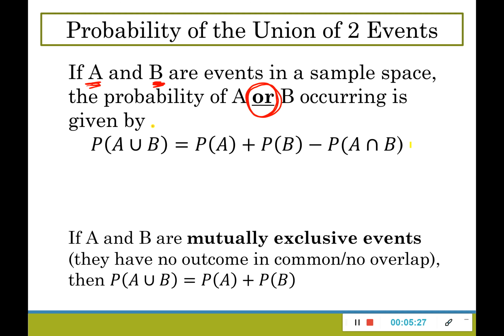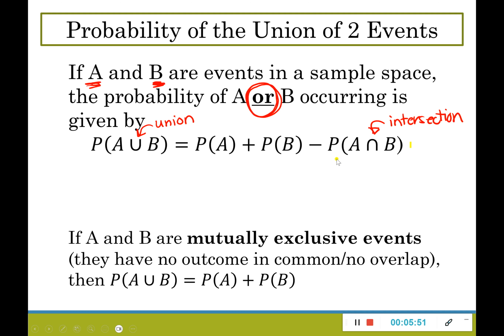So this term right here, remember, is union. So the probability of A union B is going to be the sum of the independent probabilities of A and B, and then you are going to subtract the probability of A, remembering this notation is an intersection, right? So A intersecting with B, okay?